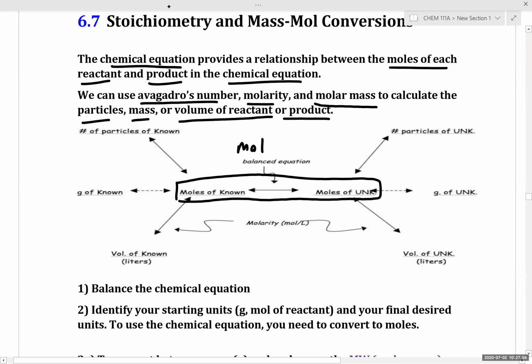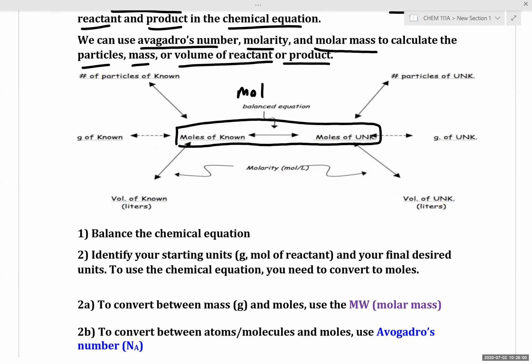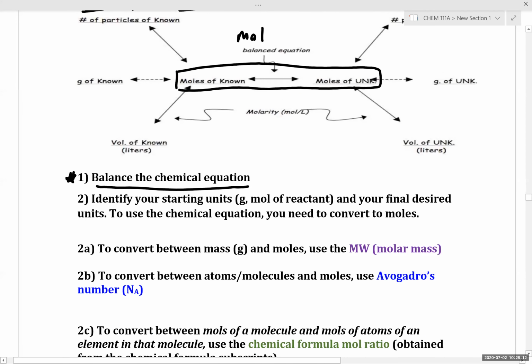So in terms of the procedure that I want you to follow, I want you to balance the chemical equation. That's the first thing on the agenda. Your unit conversions won't work unless you have a balanced equation. Identify your starting units, and to use the chemical equation, again, you need to convert to moles.